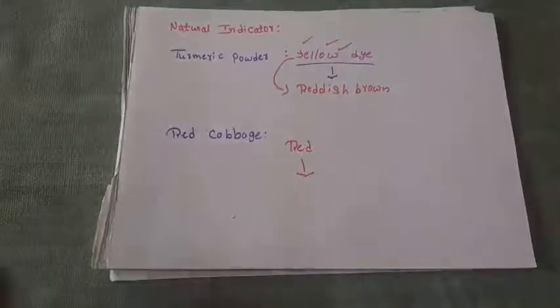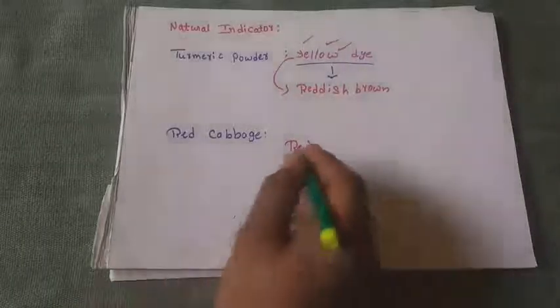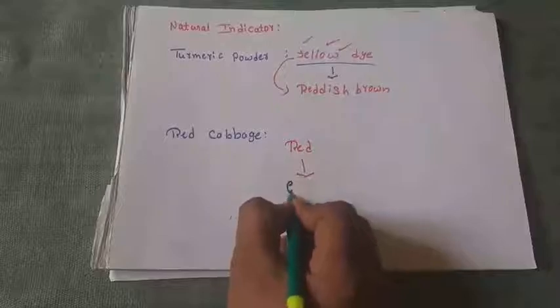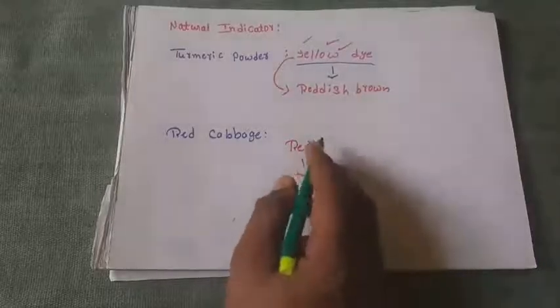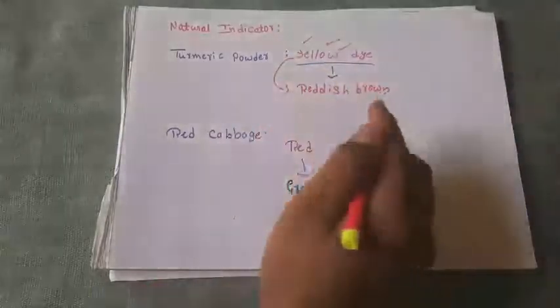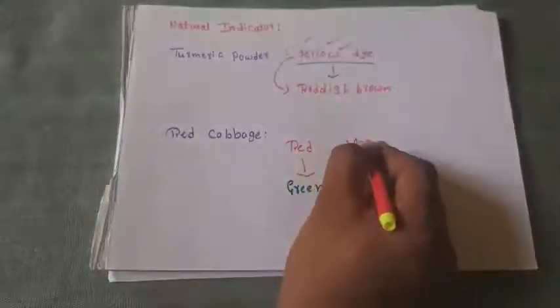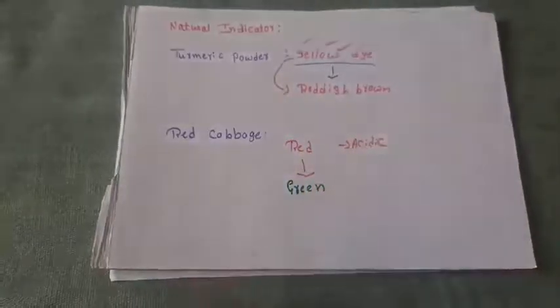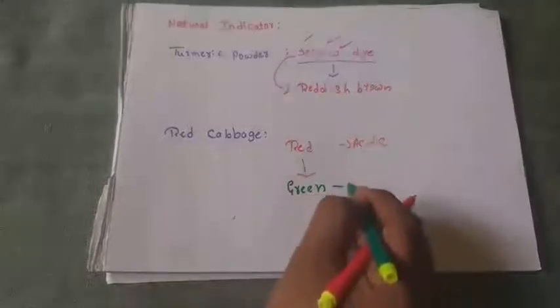In acidic medium it is present in red color, but in basic medium it turns to green color. This one is present in acidic medium, and this one is present in basic medium.